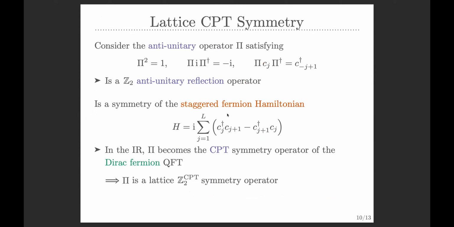And it's also easy to check that in the IR, this pi operator becomes the CPT symmetry operator of the Dirac fermion QFT. Because it's some anti-unitary reflection in the UV that becomes a CPT operator in the IR, we'll refer to this as a lattice CPT symmetry operator, and we'll denote this group by Z2 with a CPT above. Okay.